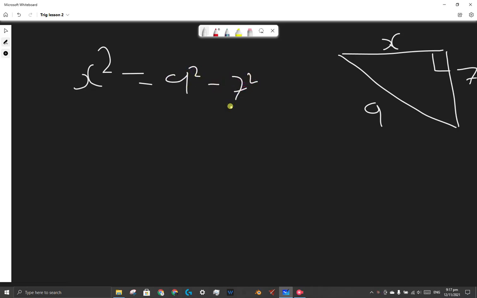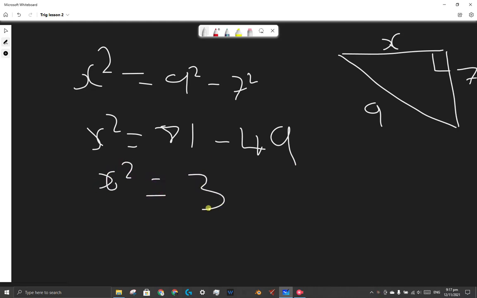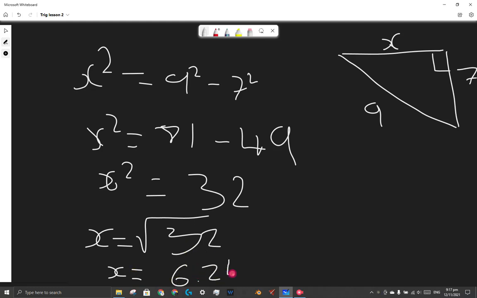So x squared is equal to 9 squared minus 7 squared, and then x squared equals 81 minus 49, and then x squared equals 32, and then basically here x equals the square root of 32, and then x equals, let's just quickly put that in, 6.244. Rounding to 3 significant figures, actually 6.245.